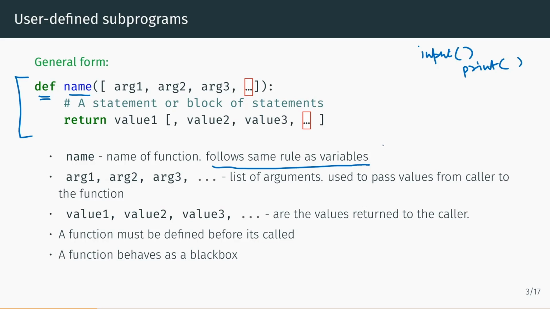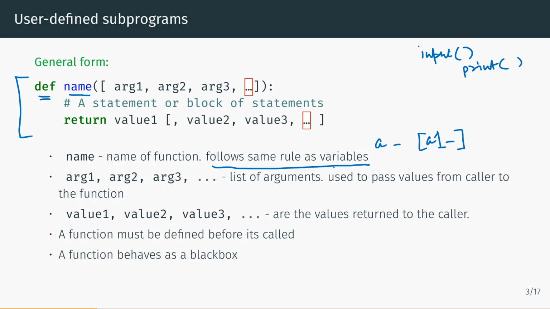It has to be a letter or underscore, and then it can be any combination of letters, numbers, or underscores. The name of the function should give a hint as to what the function achieves.